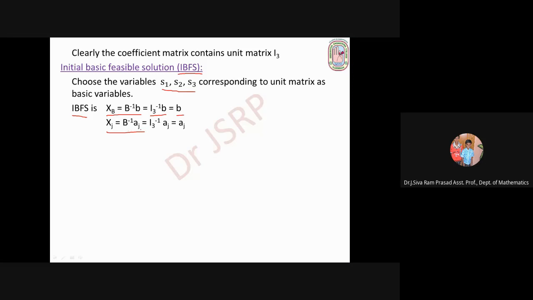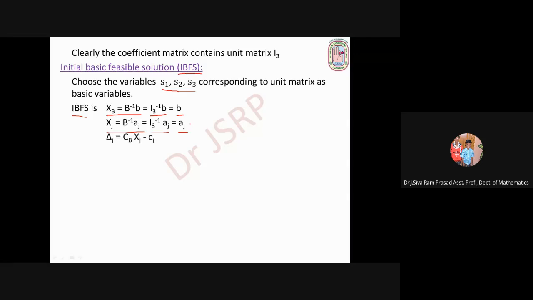Capital B inverse Aj. So here small aj is the column vector corresponding to the variable small xj, and capital B is the unit matrix here. So I3 inverse aj. I3 inverse is I3. I3 into aj is aj. So capital Xj is called aj. So aj is the column corresponding to the variable small xj. So this is the column vector corresponding to each variable.